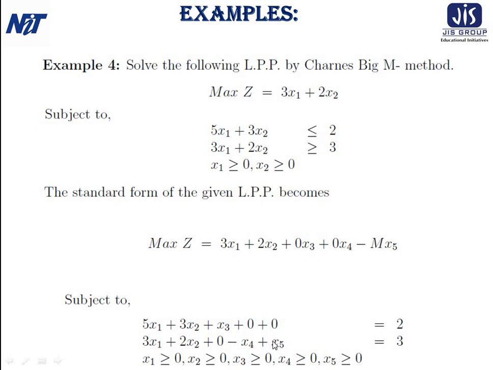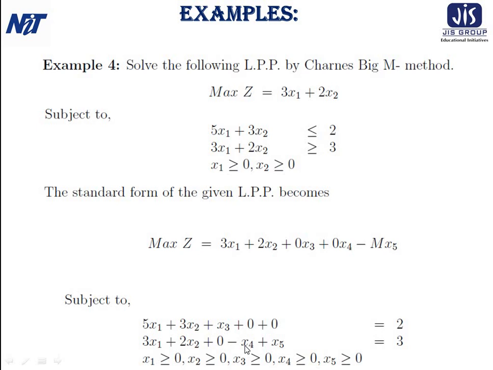Since we are adding x5 to form the identity matrix, x5 is an artificial variable, and the coefficient of the artificial variable will be minus capital M in the objective function, while the coefficients of slack variable x3 and surplus variable x4 will be 0.